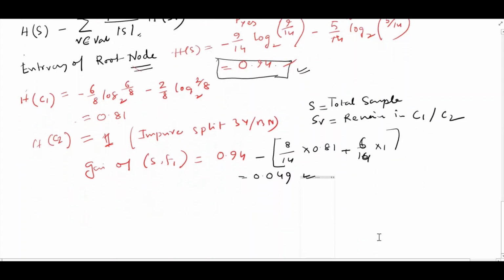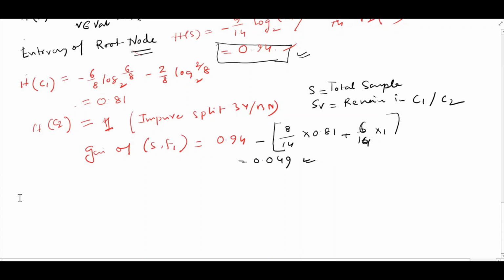That is the information gain of this. If I use F1 as the feature, then the information gain is 0.049.